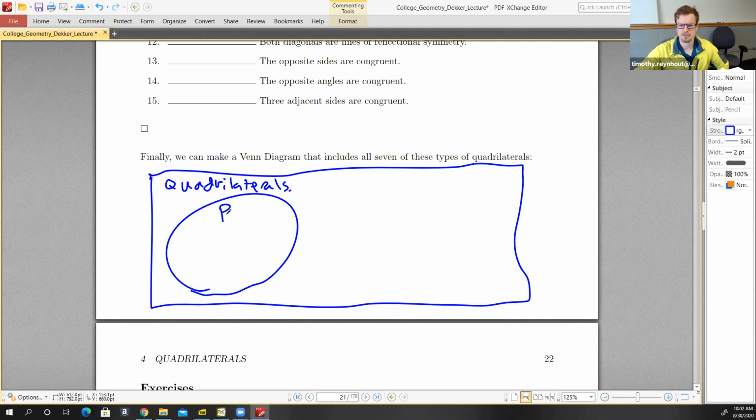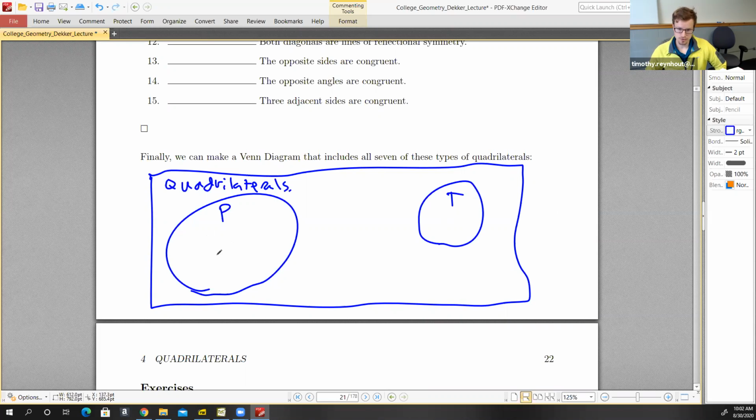parallelograms, which have two pairs of parallel opposite sides. And then we also have trapezoids, which have exactly one pair of parallel opposite sides. So there's no overlap between the two, because trapezoids have one pair of parallel sides.